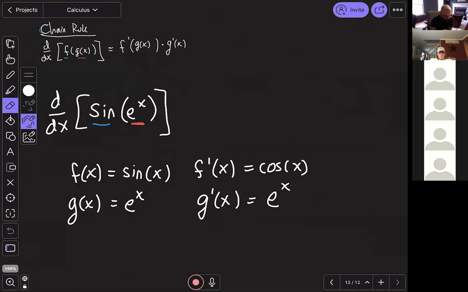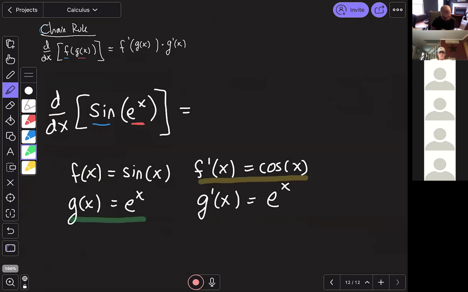So when I put all this together, we're going to have f prime of g of x. I identify here is f prime, and inside of that I want to plug in this g of x.